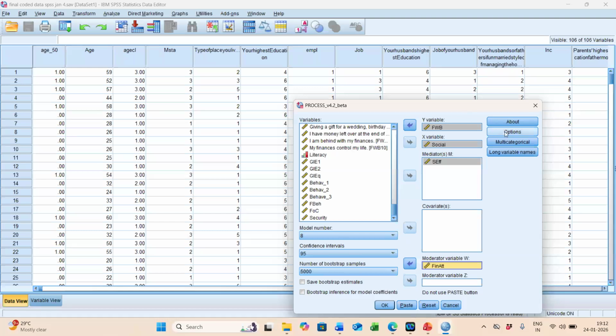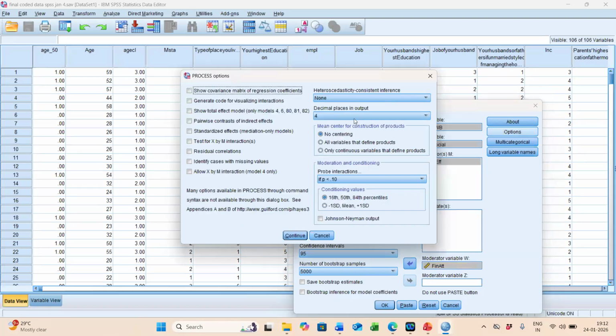Okay, what options? We need code for visualizing interaction. Pairwise contrast is also ticked. We are using only continuous variables, and the conditioning values are -1 standard deviation, mean, and +1 standard deviation.